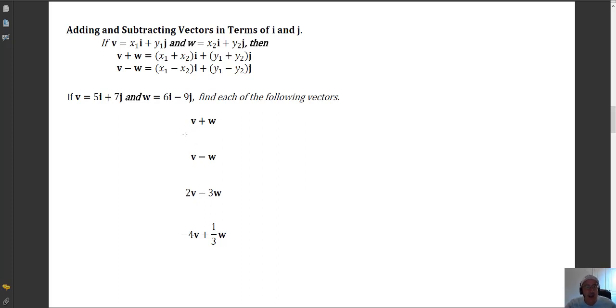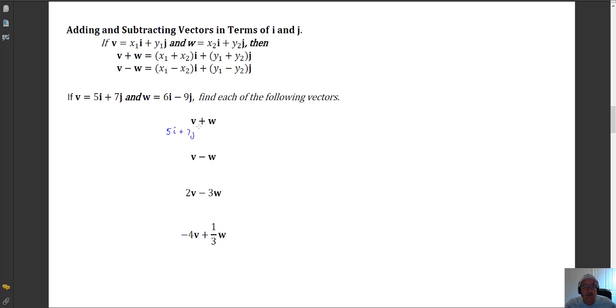So if we wanted to add these two vectors, let's take some examples here. Given vector v is 5i + 7j and w is 6i - 9j, it wants us to do some operations on vectors here. So I'm just going to go ahead and we'll work through some of these.